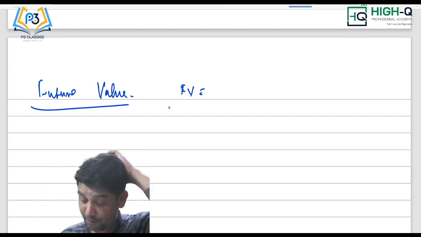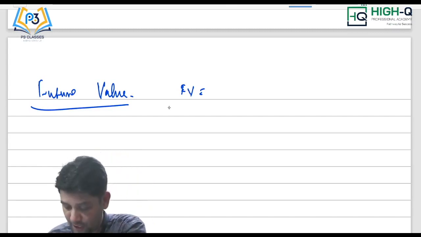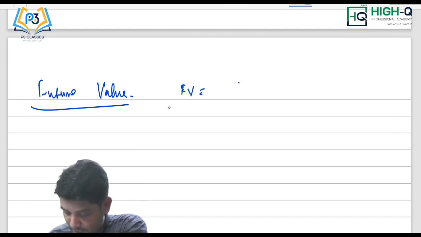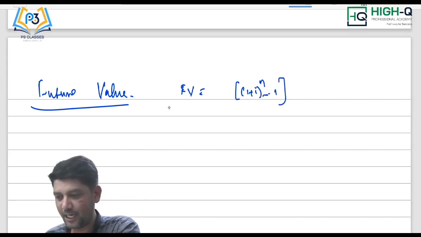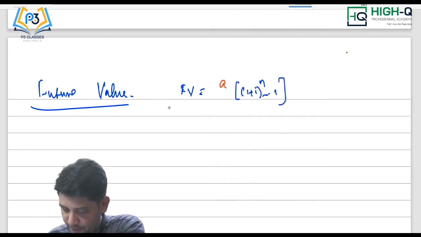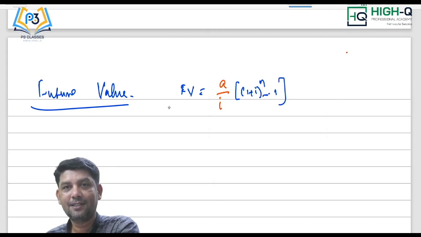Future value is nothing but, look at this, my dear. Do you know the effective rate of interest formula? This is the effective rate of interest formula. When you multiply the effective rate of interest by A by I, you get the future value.